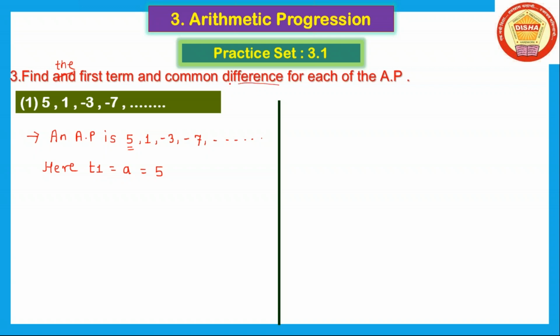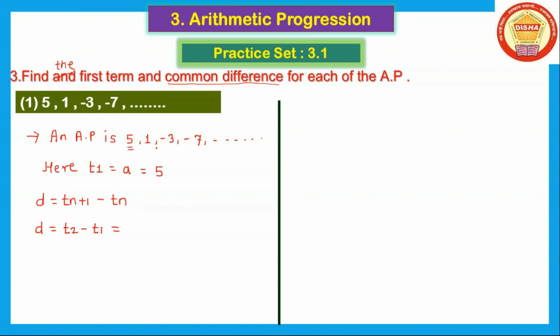Then we find the common difference. Then we have to find the common difference, that is D. How do we find D here? The formula for D is T(n+1) minus Tn. Okay, then we write here D is equal to T2 minus T1.